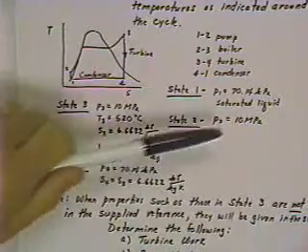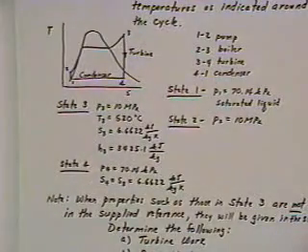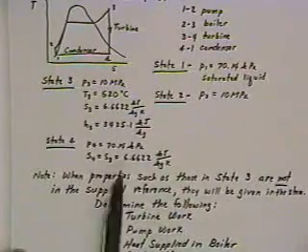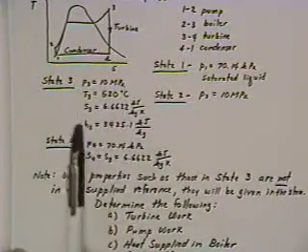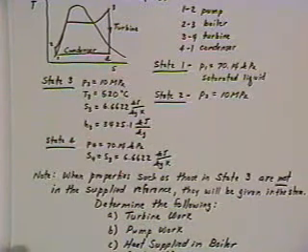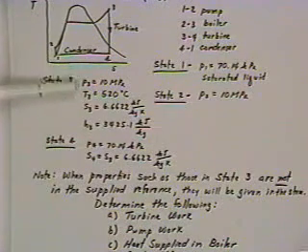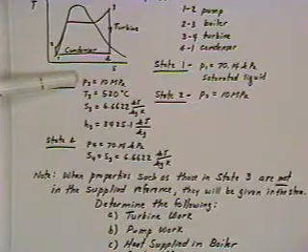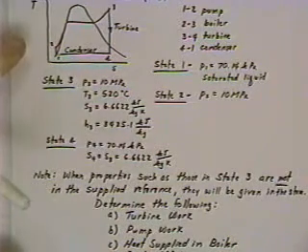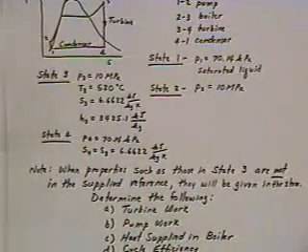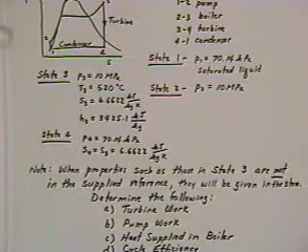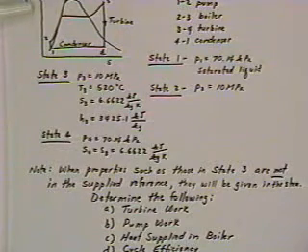Now, one of the things that it's important to point out to you is that if you look back in the tables in your reference manual, you wouldn't find these properties in there because our reference manual doesn't provide pressures as high as 10 megapascals. And so that doesn't limit you, however, in solving problems of this type, because all of this that we're talking about here in this problem would be considered to be the stem of the problem.